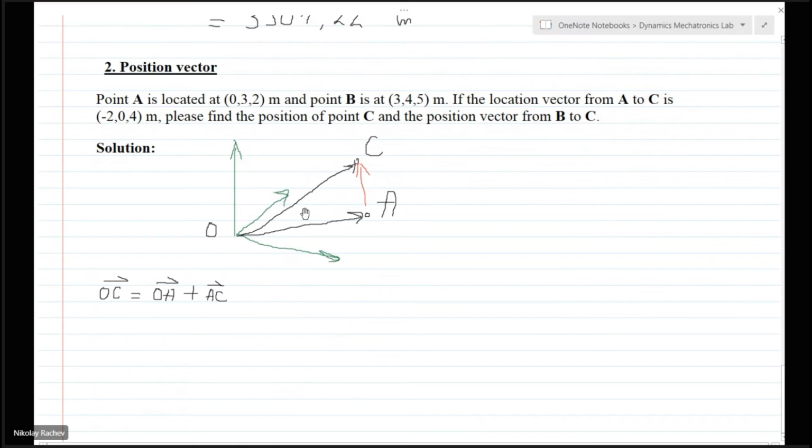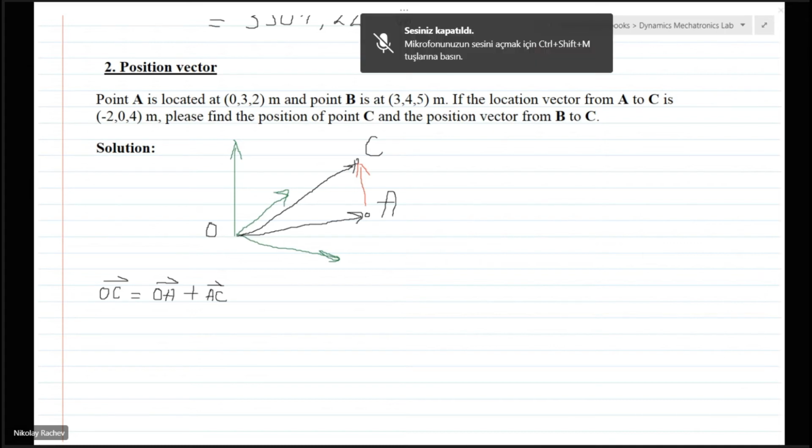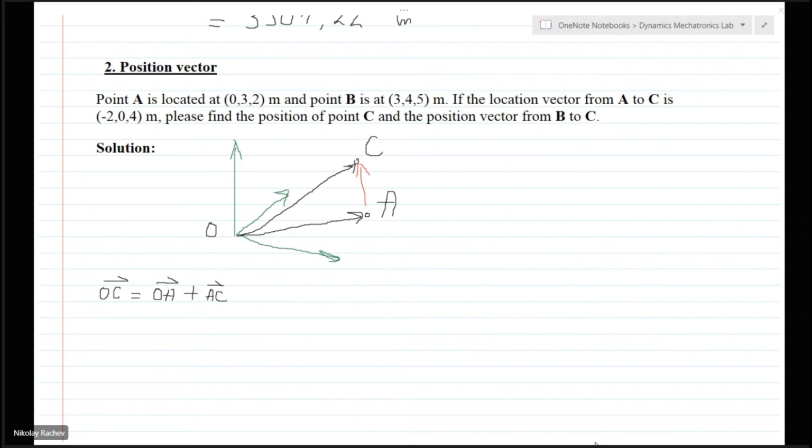Is that correct for us? OA plus AC, that would be equal to OC. What do you think? I think it will be true, or we need to make minus, I think.